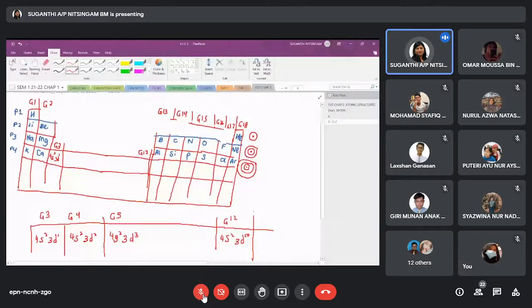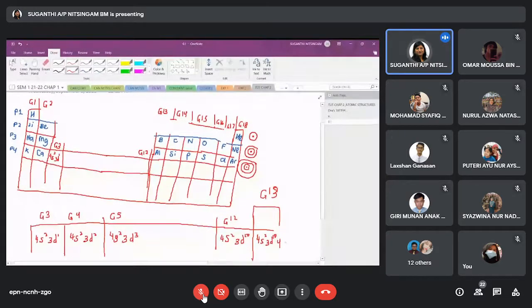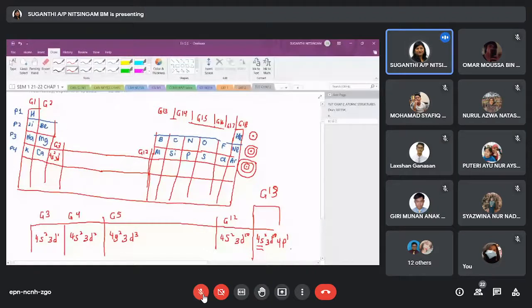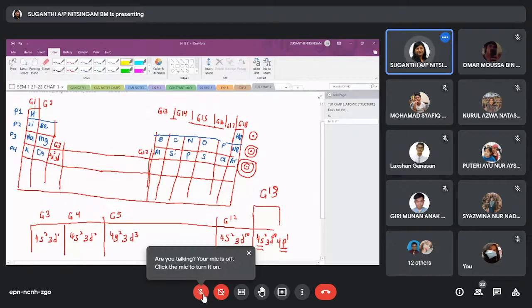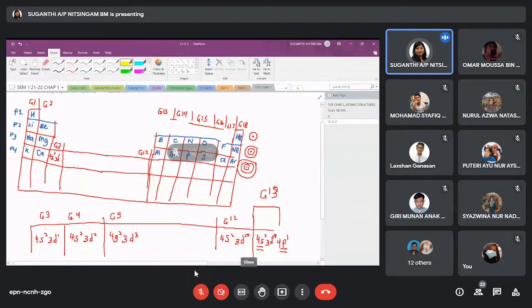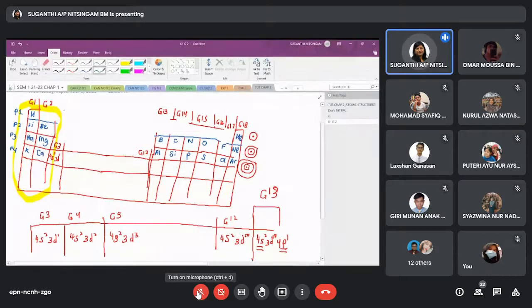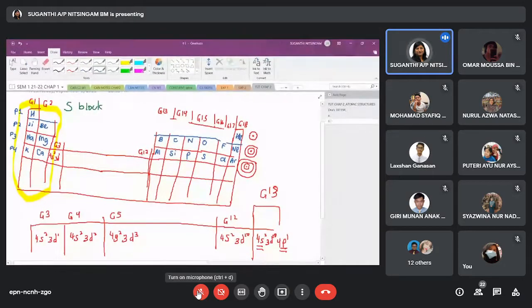Dan apabila saya ke sini, group 13 kat sini dia adalah 4s2 3d10 4p1. Dia 13 4p1. So this block here, these elements here, I say that they are from the S block. Maknanya S sedang diisi di sini.